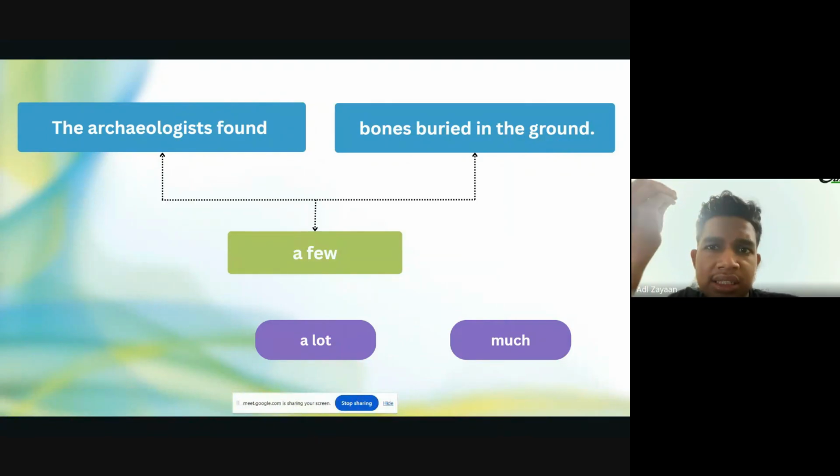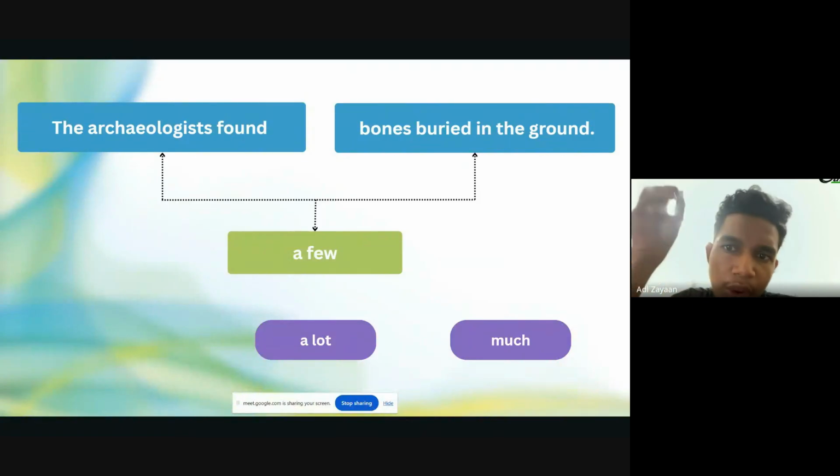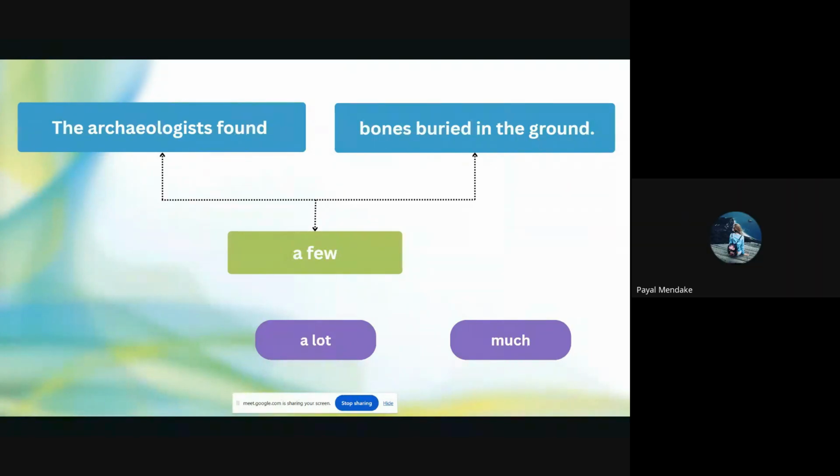There is much less chance of getting too many bones under the ground, right? They might get one or two bones and study everything using those bones. This is the job of archaeologists. So the archaeologists found a few bones buried in the ground is the correct answer. Got it?